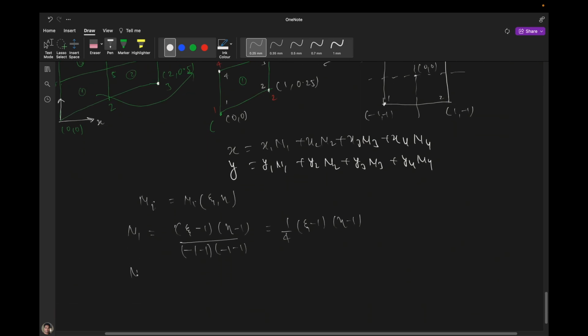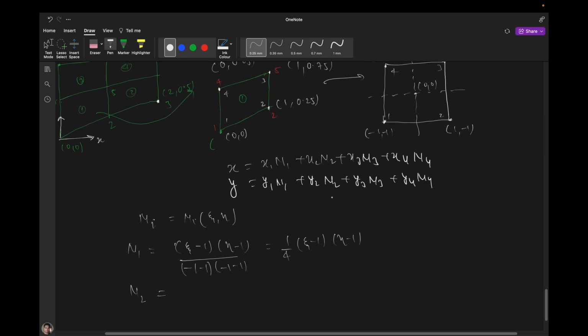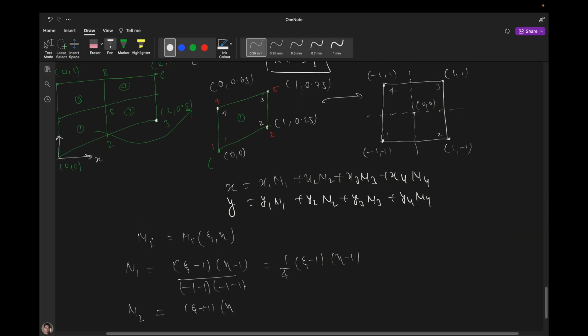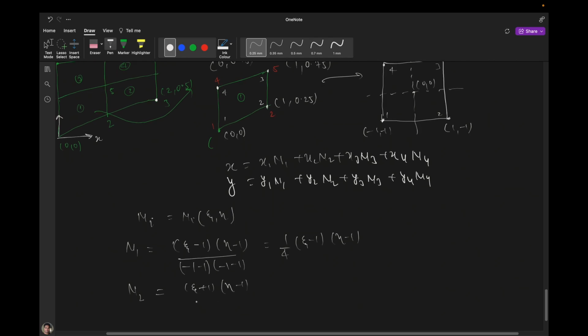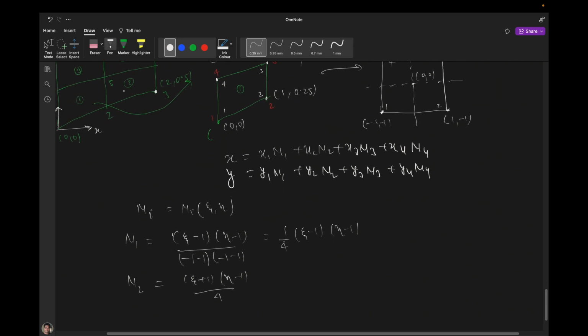Now the shape function for node 2: it will be xi plus 1 and eta minus 1, and anyhow it will be divided by 4. So you can see that 1 minus 1, this will be plus 2 and minus 1. Okay, let's see, maybe a negative sign will come here.